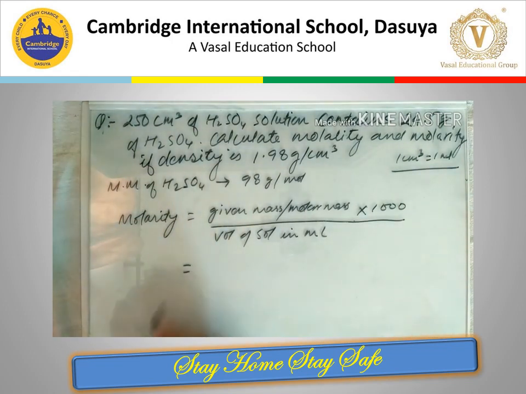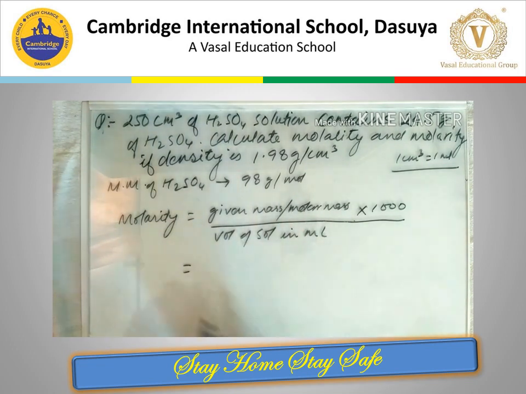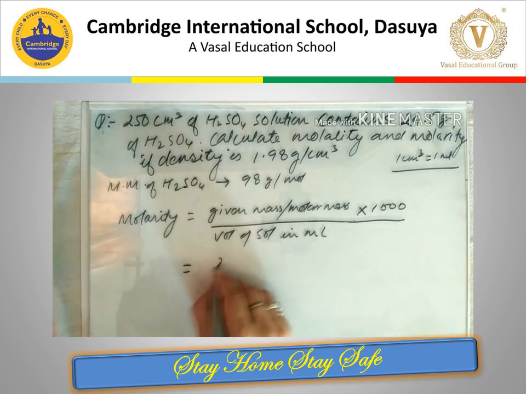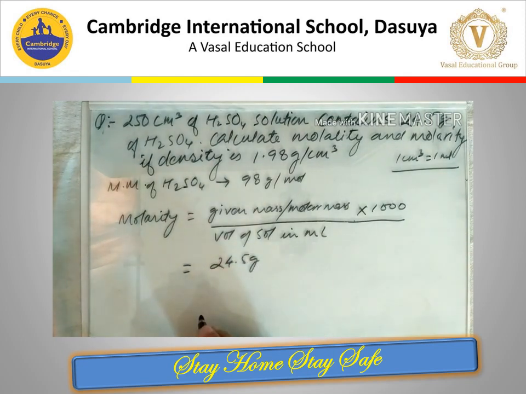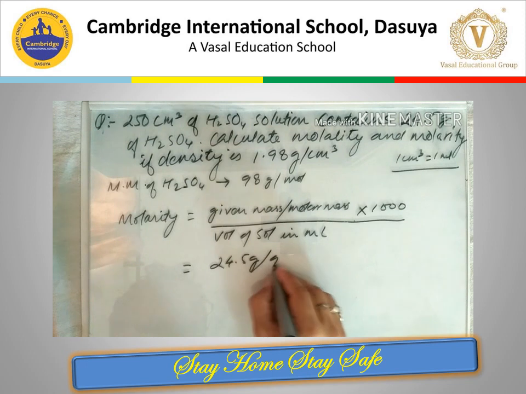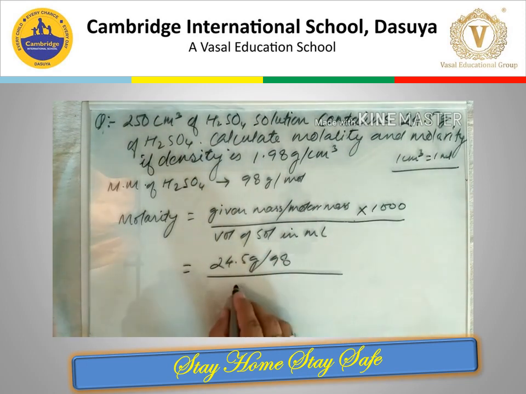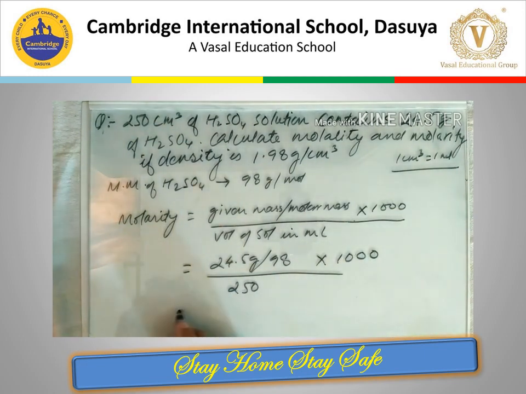So this is basically the number of moles in volume of solution in ml into 1000, so that will give us the molarity. Now given mass is 24.5 gram, molar mass is 98, upon volume of solution 250 ml into 1000.